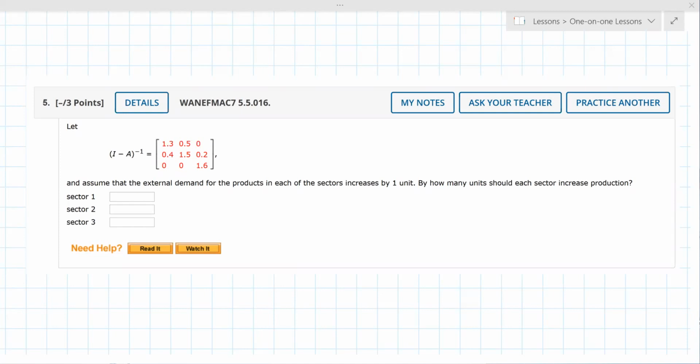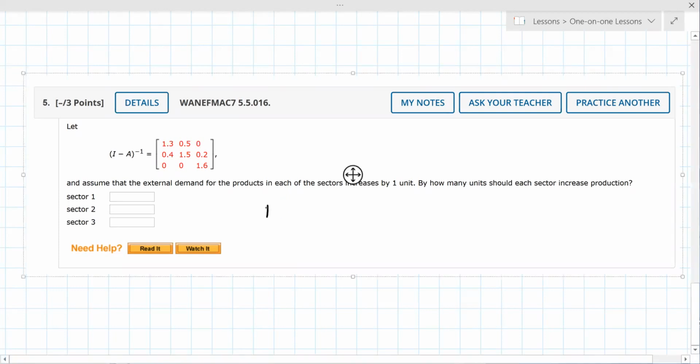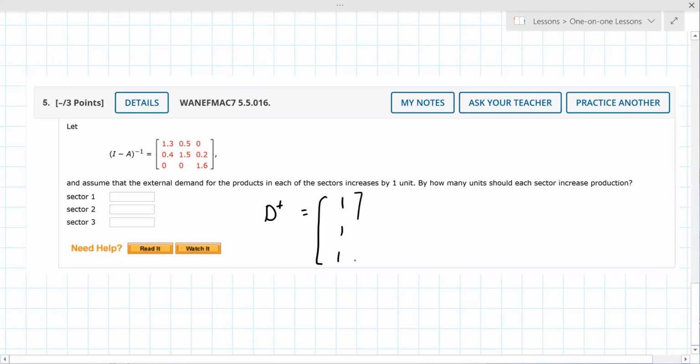They want to increase by 1 unit. So they call something here, which I guess we'll just have to write down. They call this D plus, it's 1, 1, 1, and that comes from this 1 unit right here. Okay, and then they're telling you that the change in production, you have to know this, is the identity matrix minus A inverse, and that's what this is up here, times D plus, and it has to be on the right side.